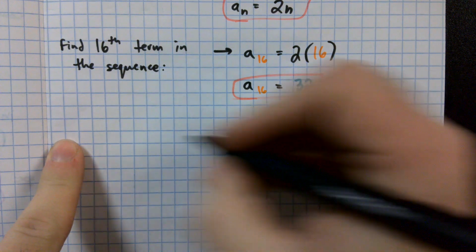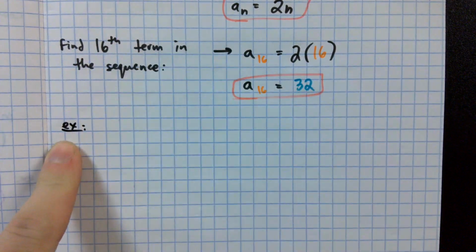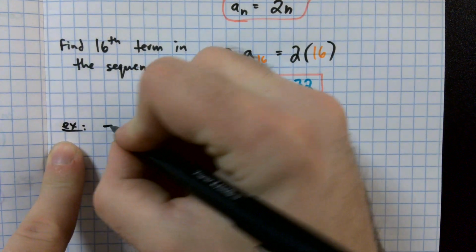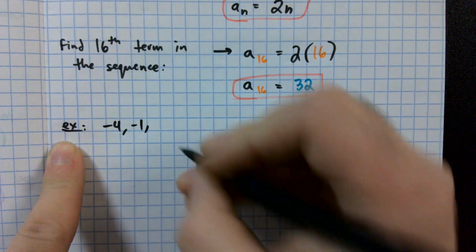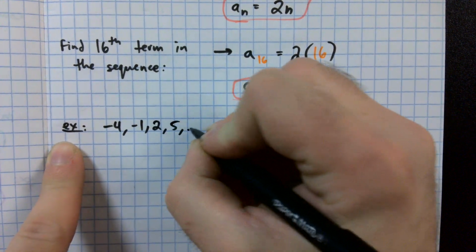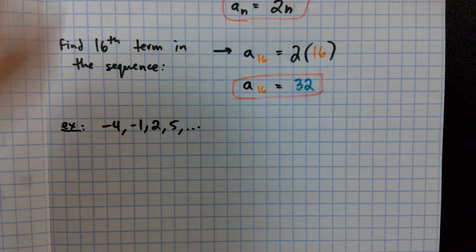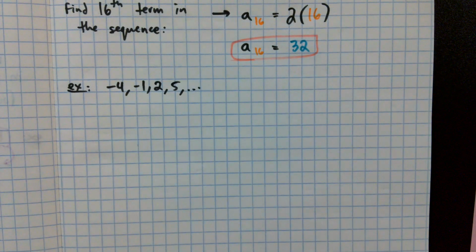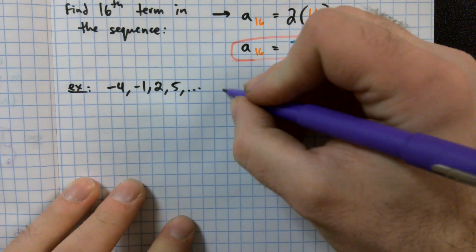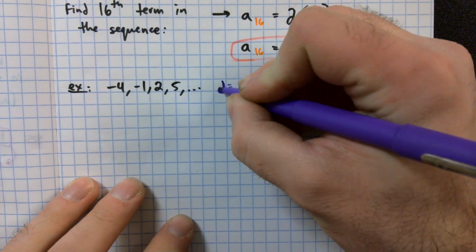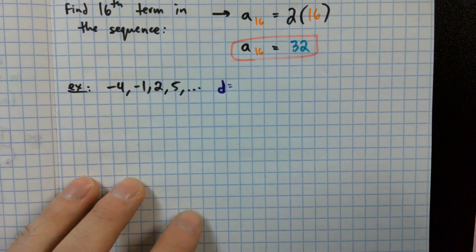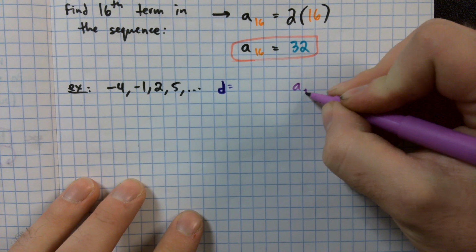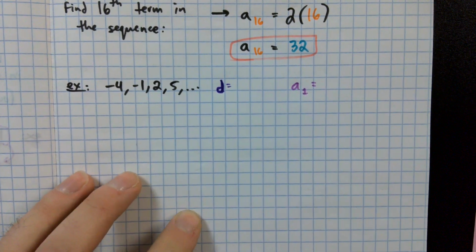Last example. Let's go for a hard one. Let's say we've got the sequence -4, -1, 2, 5, and so on. I need to find my common difference, and I need to find my first term in the sequence.